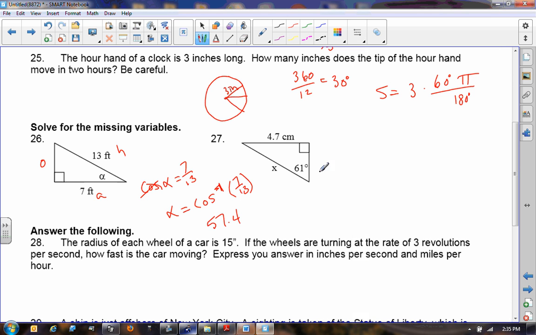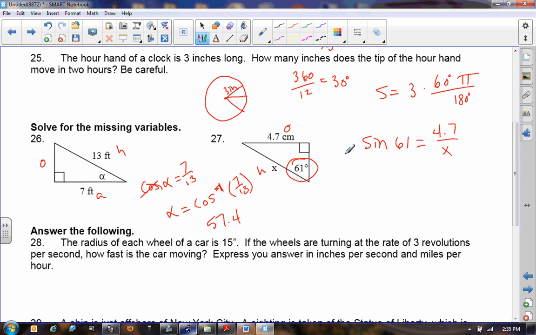All right, now 27. You got to find x. Here's where I'm looking. Here's the hypotenuse. Here's the opposite. Opposite over hypotenuse is a sine. Sine of an angle. You never go sine of 90, by the way. Remember that. Never, ever, ever. It is the opposite over the hypotenuse. Let's do some algebra.